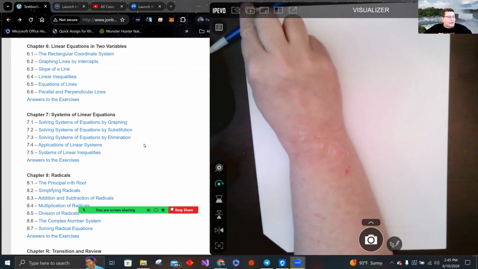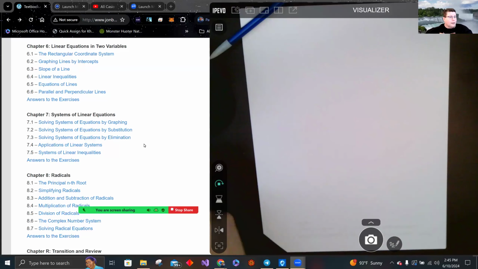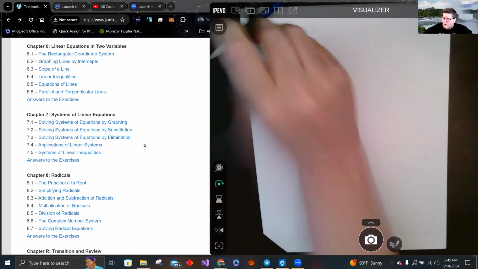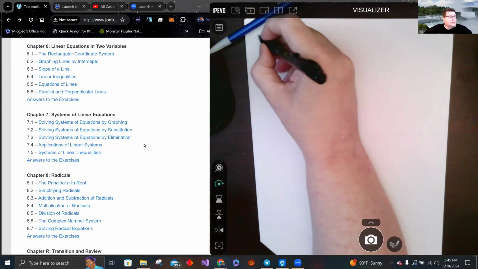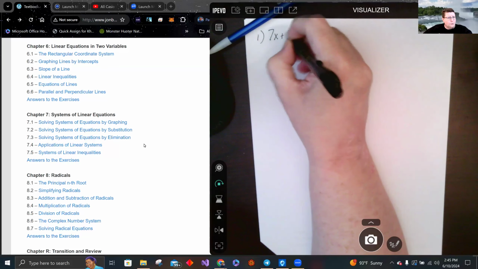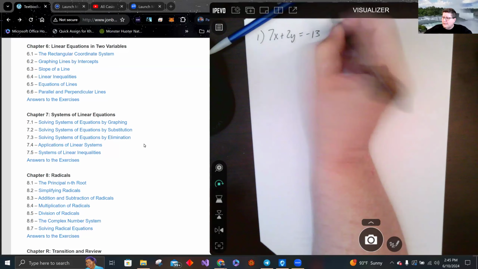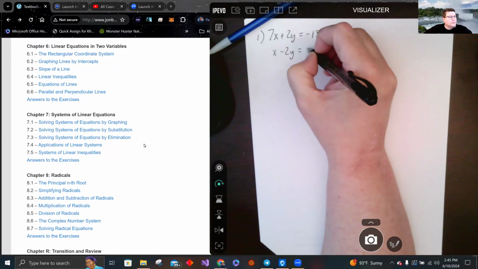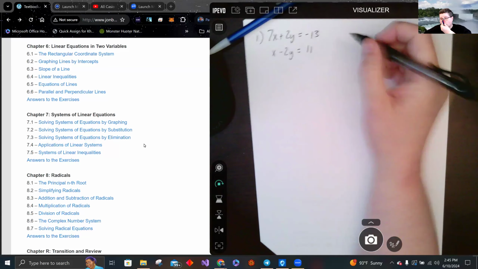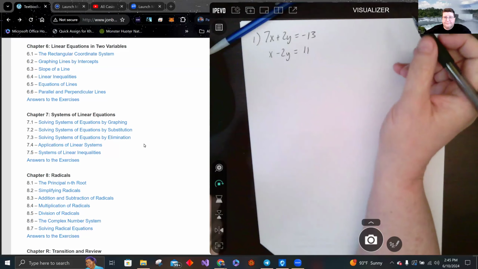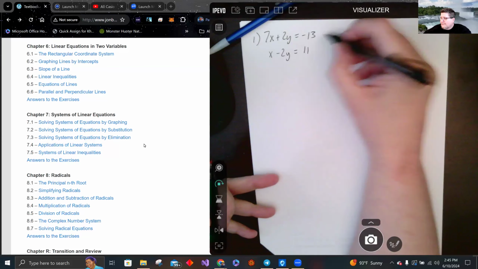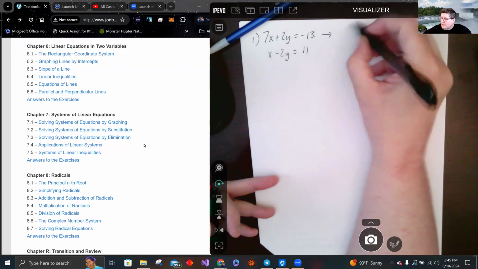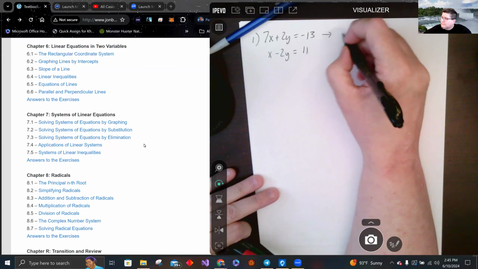So let's take a look at a couple. First one we'll do. 7x plus 2y equals negative 13. And x minus 2y equals 11. So I think to graph these, I will use the slope-intercept method.